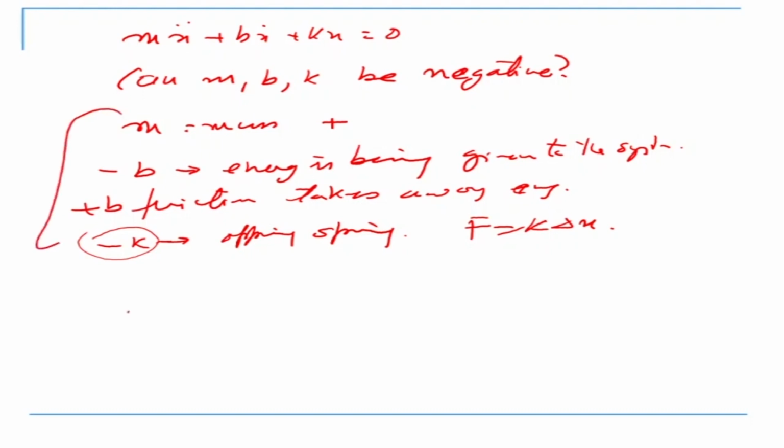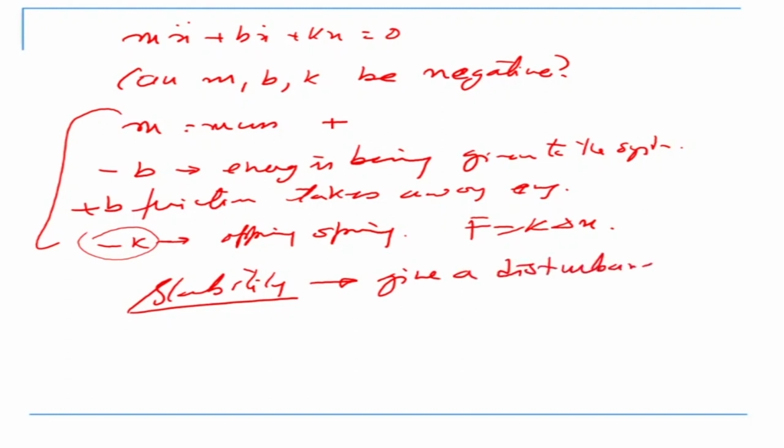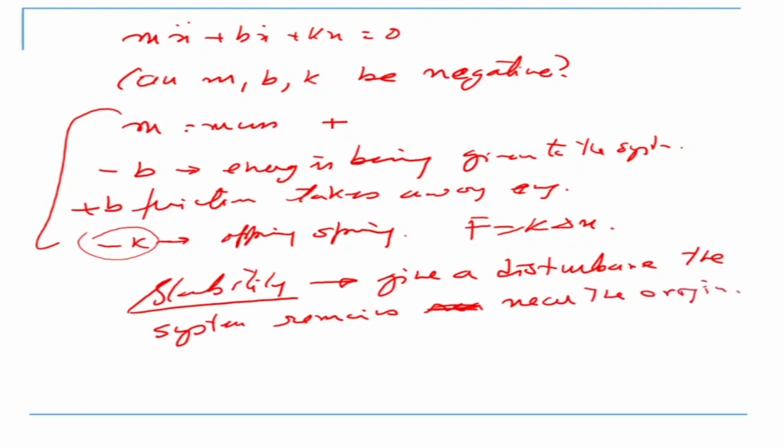Now in terms of stability. Stability basically means that if we give a disturbance, which is an energy, then the system remains near the origin. So if this is my origin, the system is here.